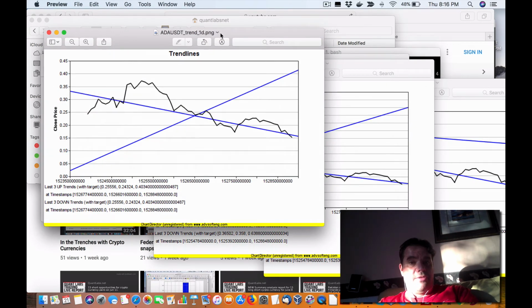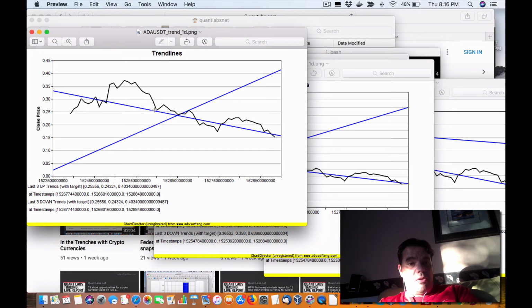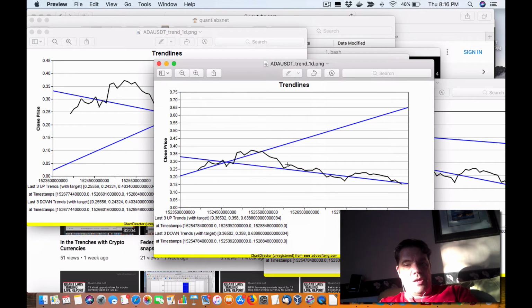So here on the 30-day, we got 1, 2, 3. So the 45, which is this one, doesn't appear to be 100% valid, but we have 1, 2, 3. So it did fall through, and it came back, and it fell through again. So something of interest to use as a potential.